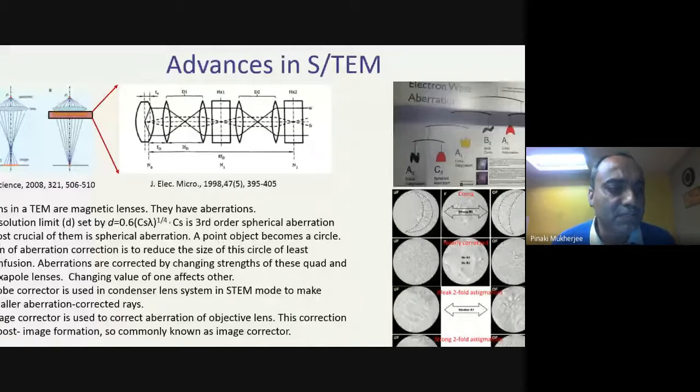For the first STEM the resolution was 1 angstrom, and for the second about 0.5. The microscopes are known as TEAM 1, TEAM 0.5. I was fortunate enough to use both of those microscopes when I was a postdoc. It was a nice experience.